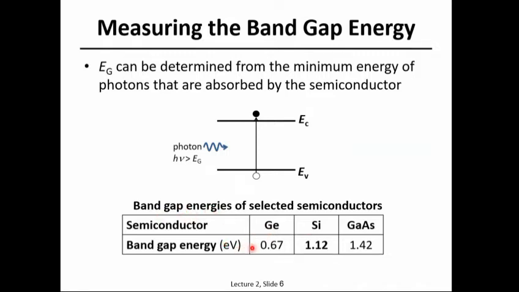So EG for germanium is 0.67, for silicon is 1.12, and for gallium arsenide, which is a compound semiconductor, is 1.42. Gallium arsenide is very important in optical devices, used in laser optics to measure the light and the wave propagation.